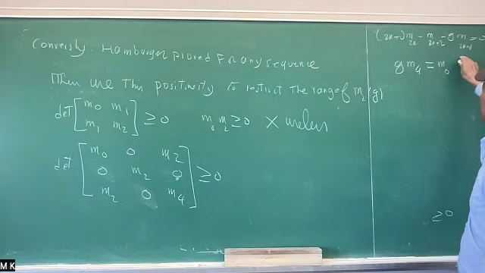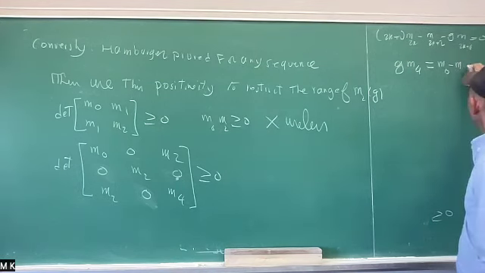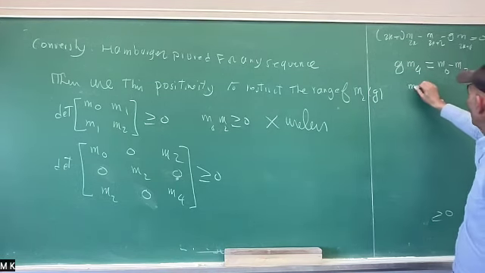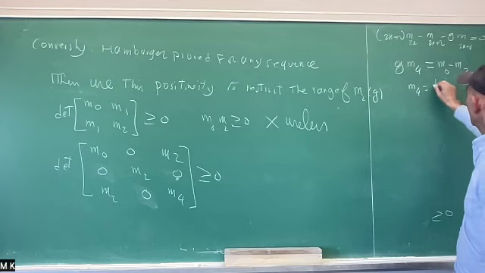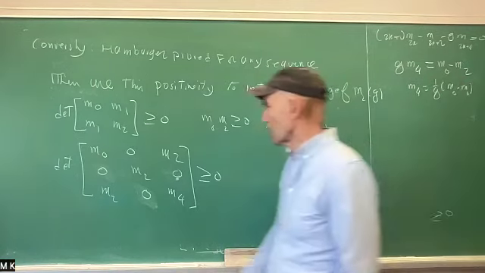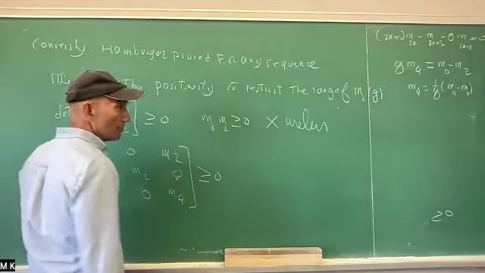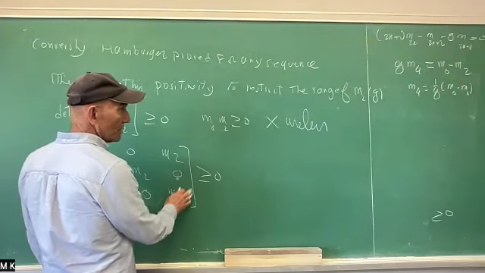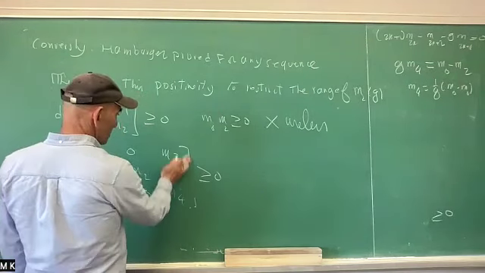So M4 is equal to 1 over G times (M0 minus M2). So we put M4 here, which is 1 over G.